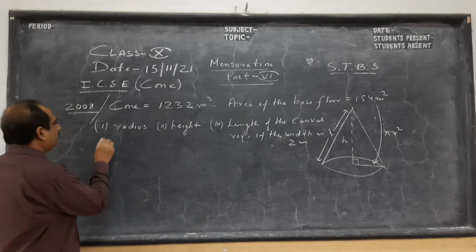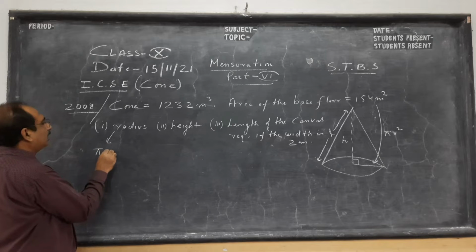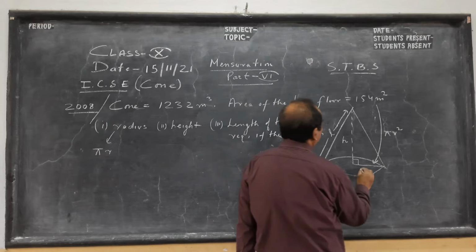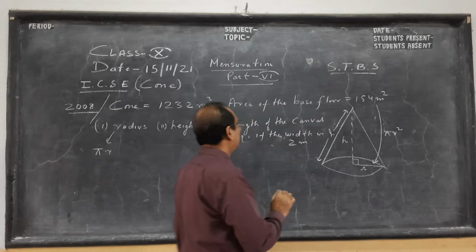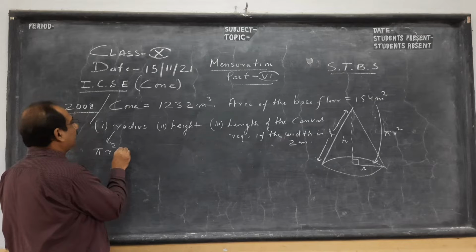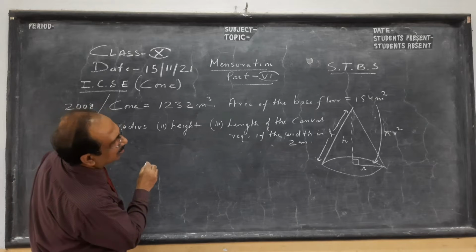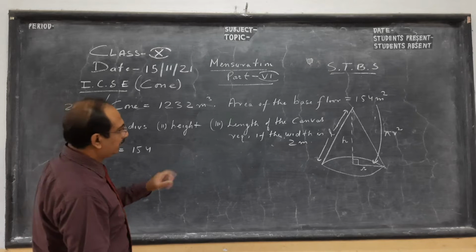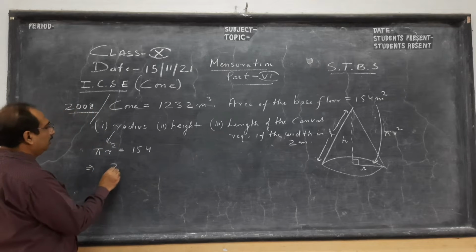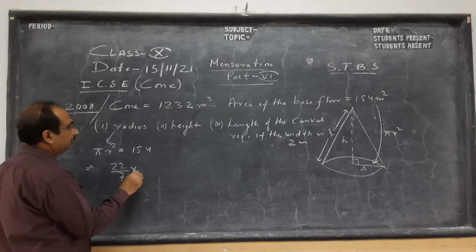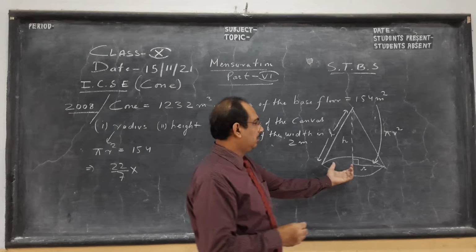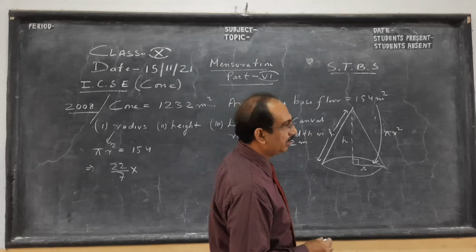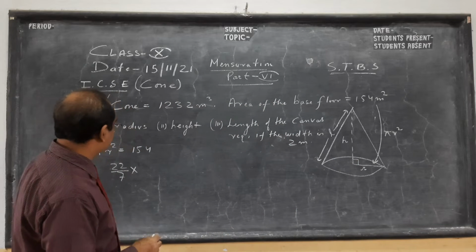So first to get the radius, children, we know pi r square. Let r be the radius of the base of the cone. So pi r square is 154. With this we will get the radius of the base of the cone, because the cone stands on a base which is circular in cross section.